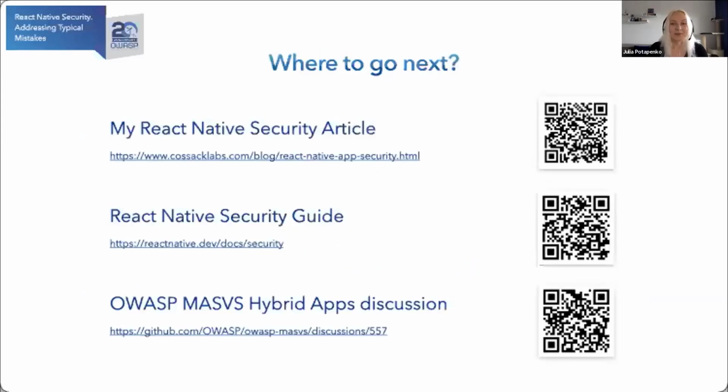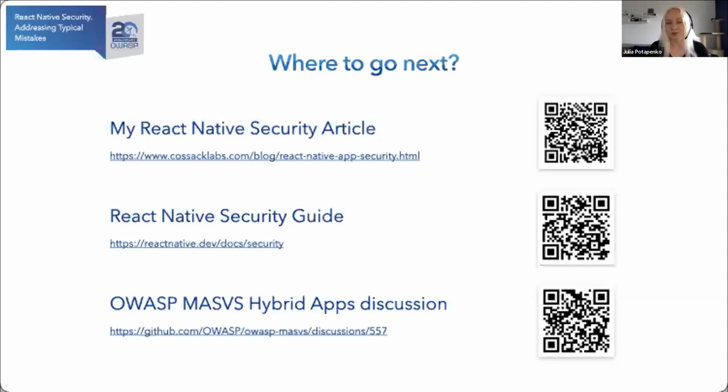And a couple of useful links from me. The first one is my article about React Native application security. It has some additional details to my talk, so you can go here and read it. It has more details on architecture. Also, the second link is a security guide from Facebook on the official page.